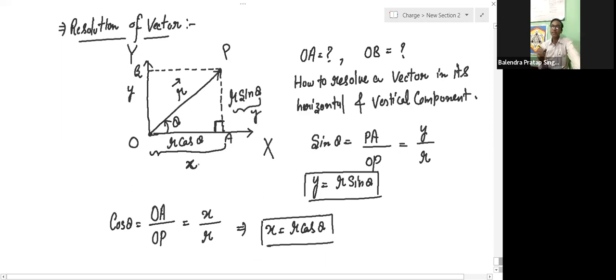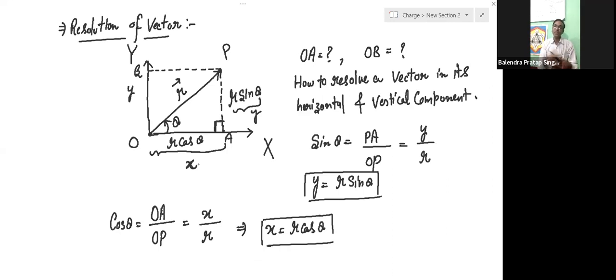Is it clear? This is actually very important, because in electric field, whenever you have an electric field, you have to resolve it into its vertical and horizontal components. And whenever you have two electric fields and you have to find the resultant, for that you have to apply the addition rule.